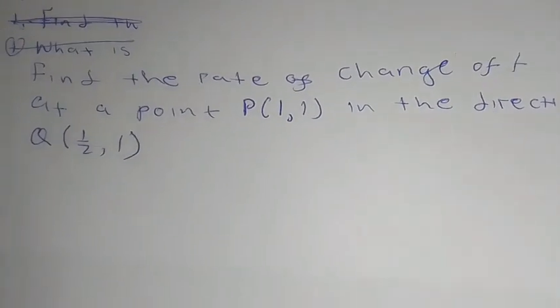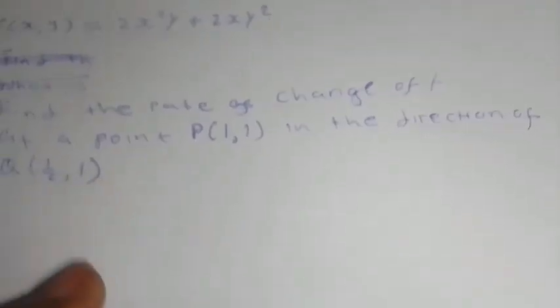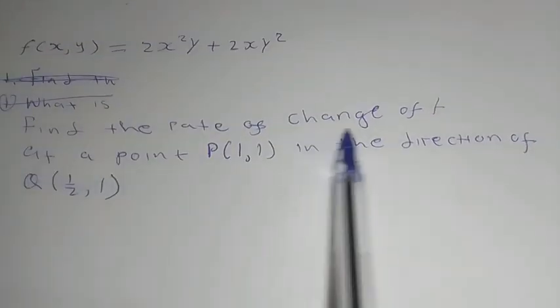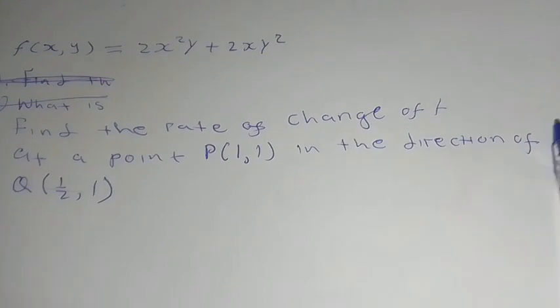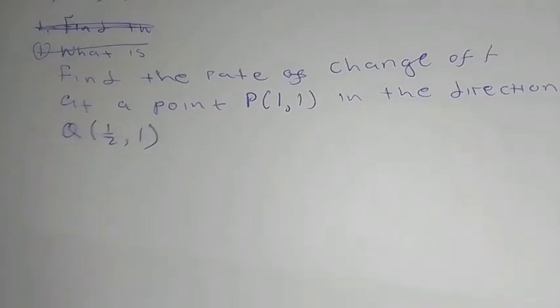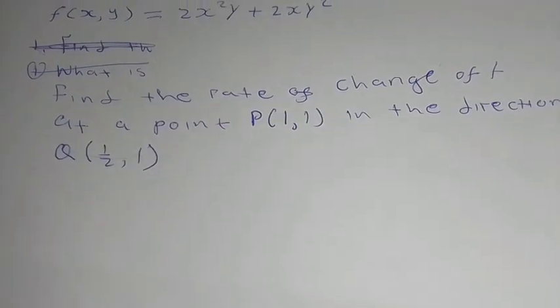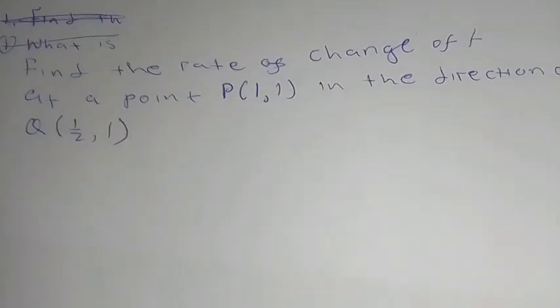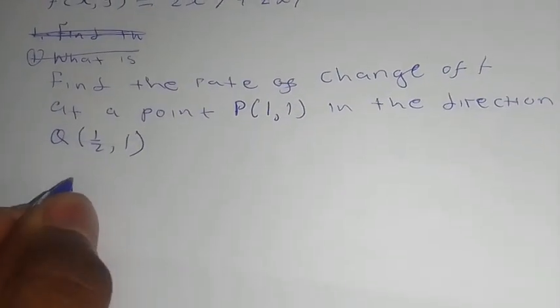It can be any point really, but this is just for exercise purposes. If you want to find the rate of change of f at the point (1, 1) in the direction of Q, they just mean find the directional derivative. So first things first, find that vector.